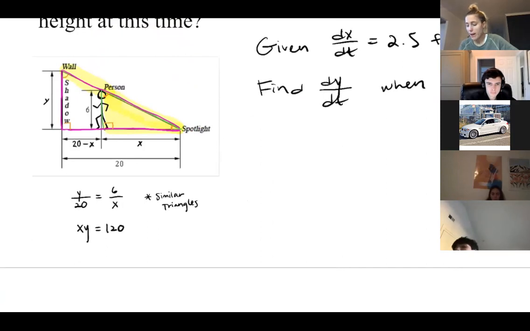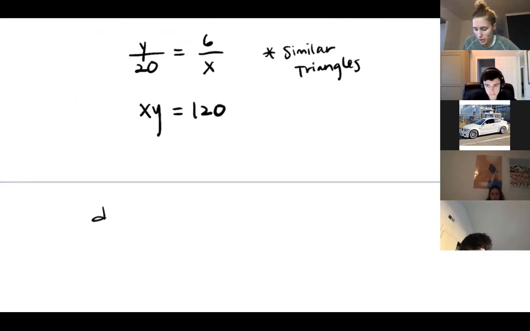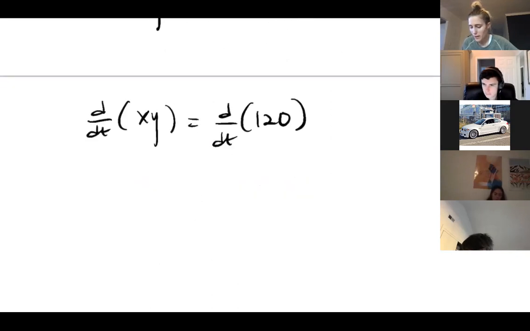Okay, so we've stated the given rate. We've stated the rate we're trying to solve for. We have a relationship between the variables that are changing. We're ready to differentiate. So we're going to differentiate each side of this equation with respect to t. And on the left, because xy is a product, we're going to use product rule.